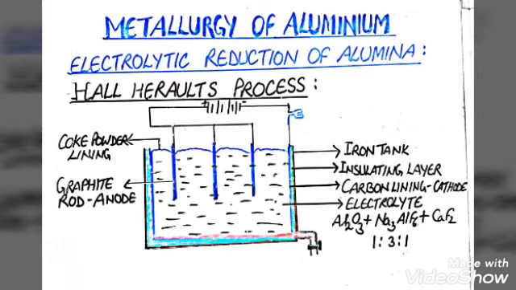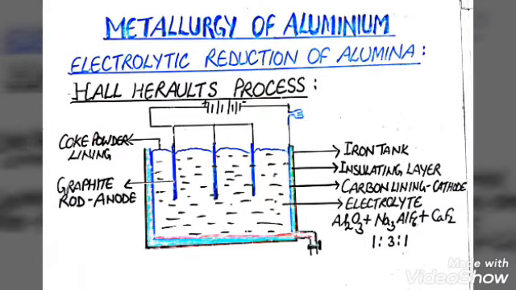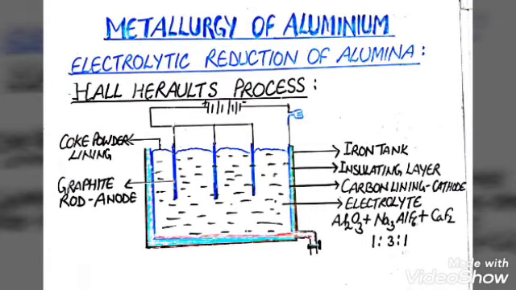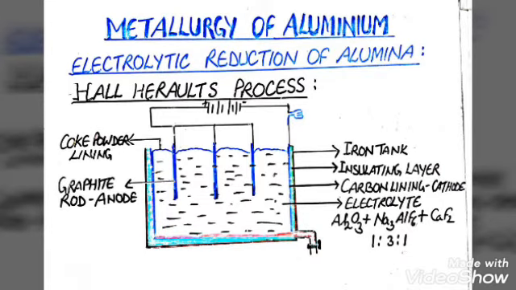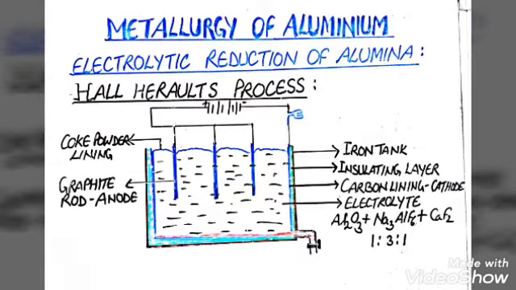Alumina is never reduced alone because the melting point of pure alumina is 2050 degrees Celsius and the melting point of aluminium is 660 degrees Celsius. If we reduce alumina alone by heating to such a high temperature, most of the aluminium obtained gets vaporized.